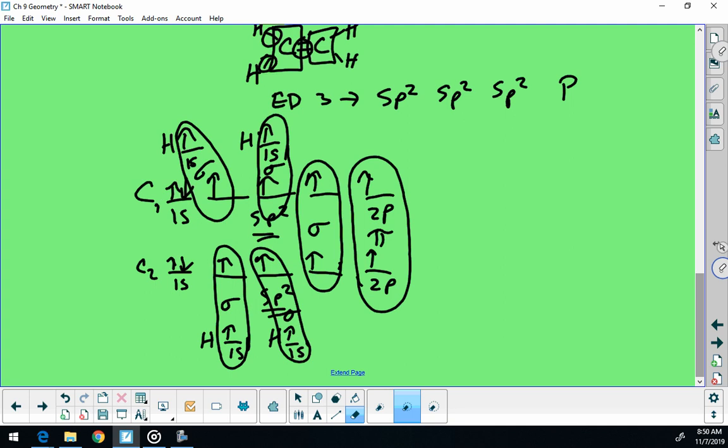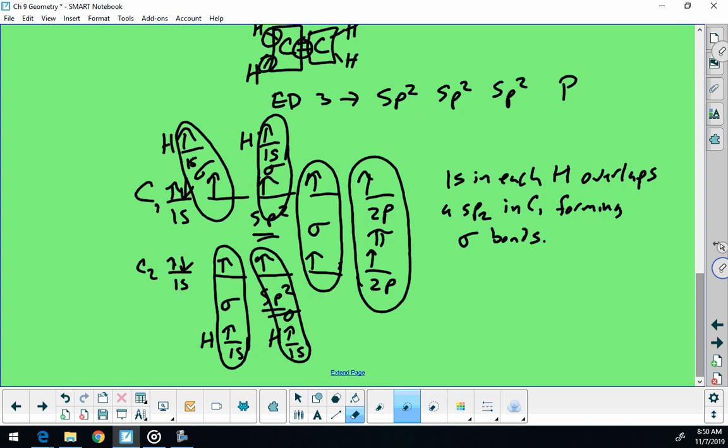So then how would I explain this? I'd say the 1s in each hydrogen overlaps an sp2 in C1, forming sigma bonds.